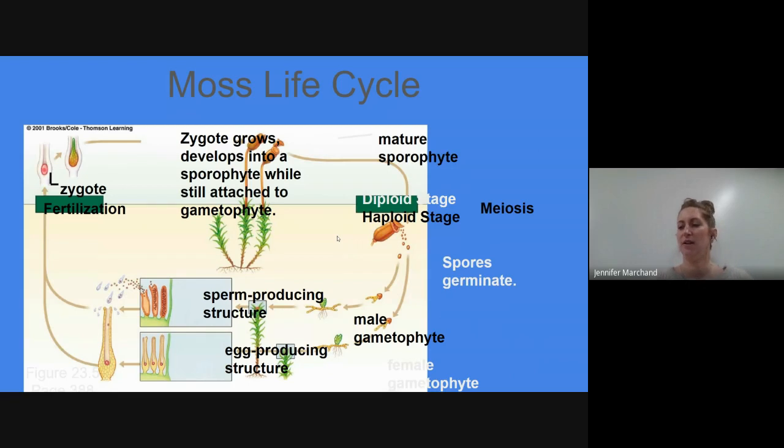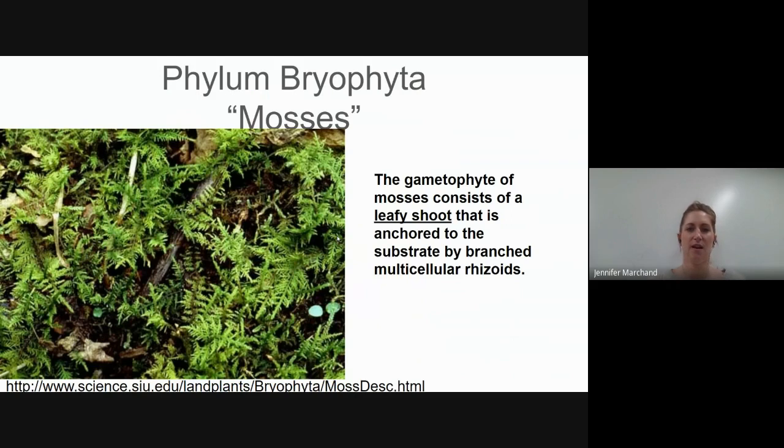Then we also have the moss life cycle here, and we're not going to focus on this a lot, but I just wanted you guys to kind of see what it looks like. So mosses, on the other hand, they're typically kind of ground coverings, maybe side of the tree covering.